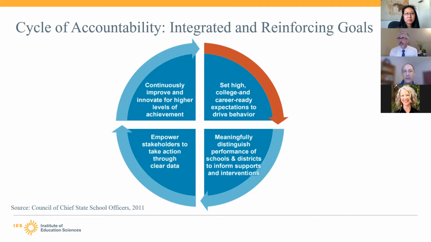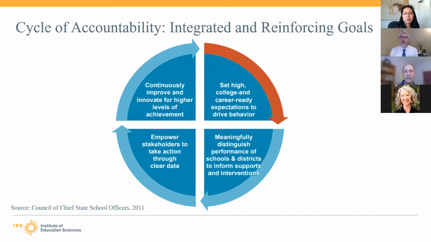The cycle of accountability allows us to meaningfully distinguish the performance of schools and districts to let us know what groups or schools might need support and intervention. Stakeholders are thereby empowered to take action through clear data. And the system can continuously improve and innovate for higher levels of achievement.